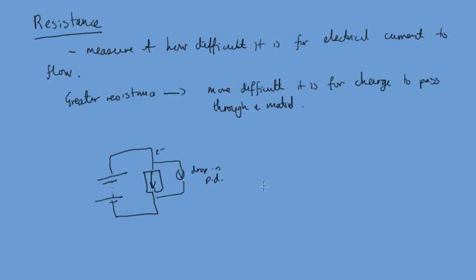Every component has itself an inherent resistance. So the potential difference drops when we attach a lamp to a circuit instead of a resistor. Even the very wires that we have, depending on the type of metal that we're using, all have a resistance. I believe the best conductor of electricity is gold, so it'll have a very low resistance, and other metals will have a slightly higher resistance.